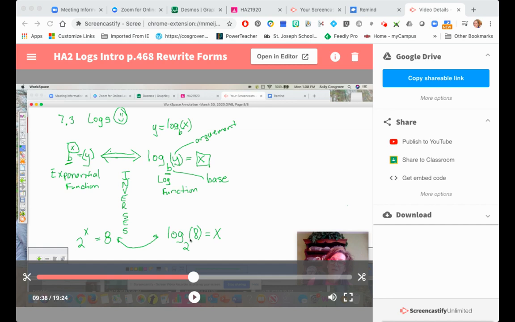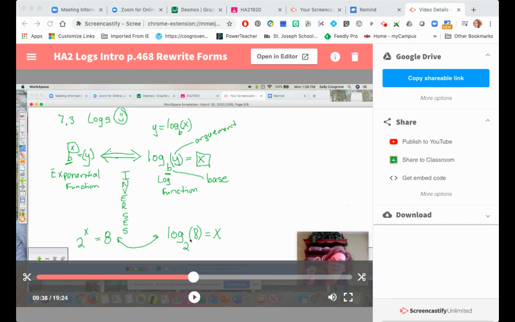Because what question are we technically asking? Well, we're asking, what exponent would I raise 3, the base 3, to get 81? So in other words, 3 to the what is 81? That's the question that we're asking.